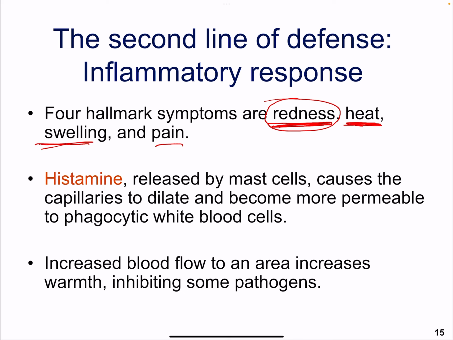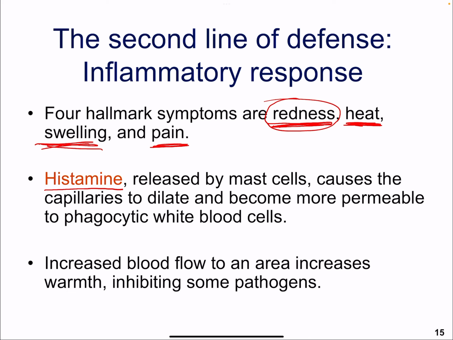The swelling is because of the vasodilation. And the pain is because of the stretch that occurs during vasodilation, right? The swelling, the stretch is going to happen and pain is going to develop. So four features that are very characteristic to inflammatory response. During an inflammatory response, you have histamine that is released by mast cells.